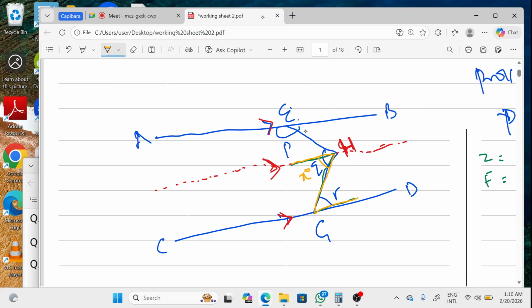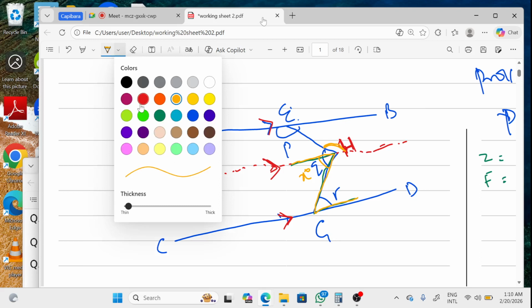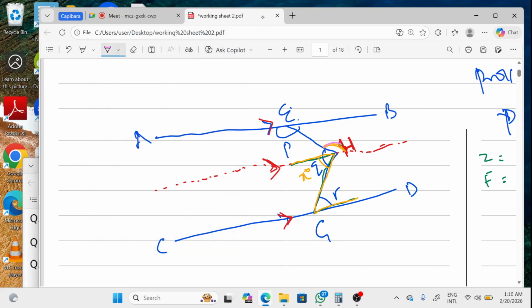Now if we look into this, look at this arc. No, I should use another color, not that color. Maybe I should use pink. Let me use this pastel pink. Now I want you to look at it very well.